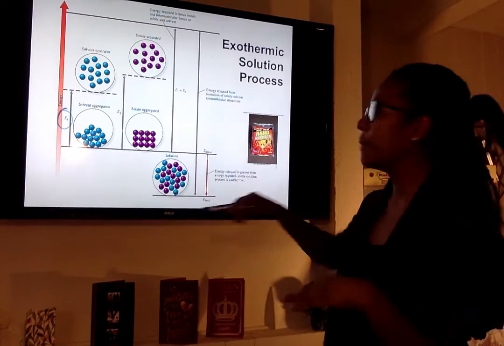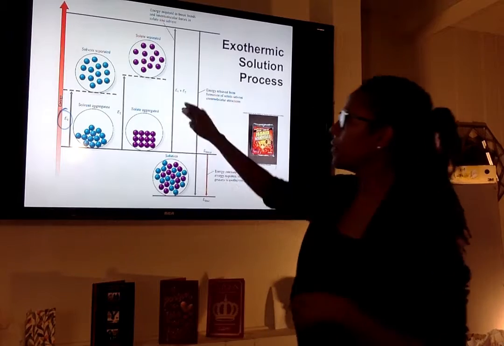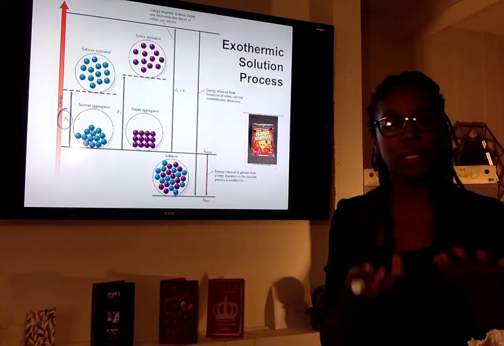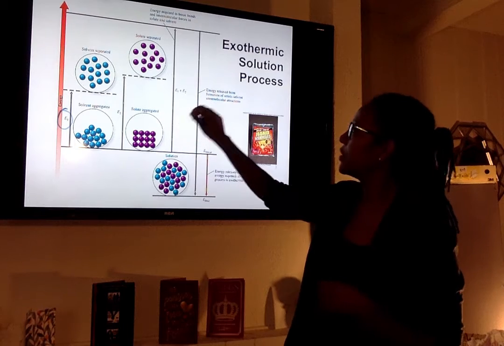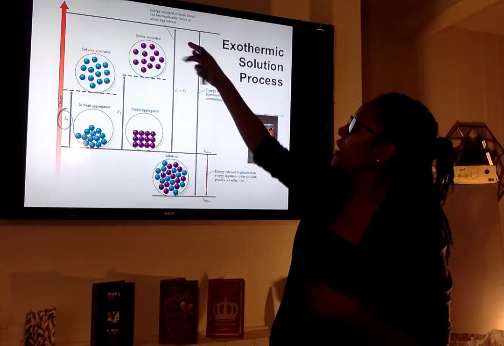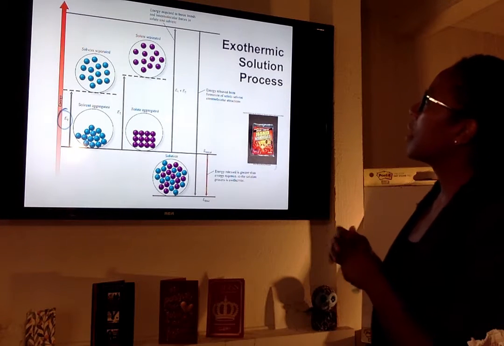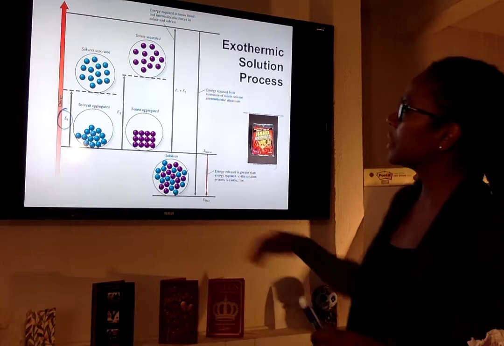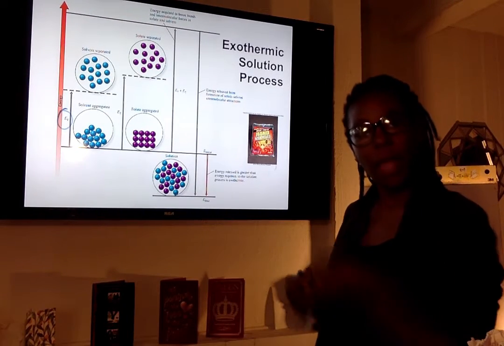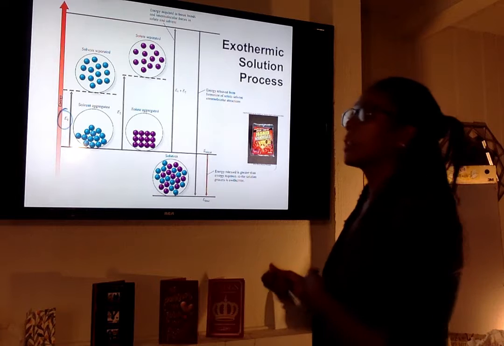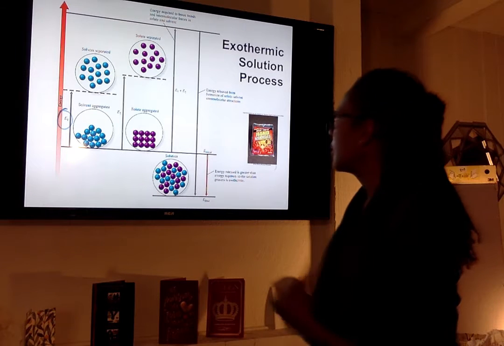The solute breaks up, that's another energy. So the energy of the solution would be the added energies together, the energy required to break bonds and intermolecular forces of the solute and the solvent, right? Because that's what the solution is made up of, solute and solvent.